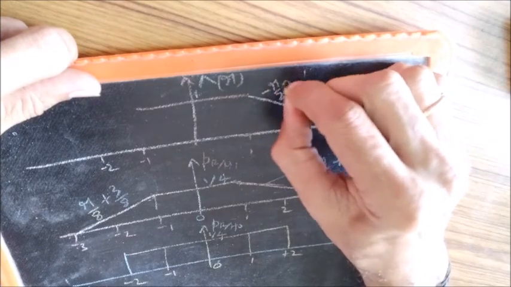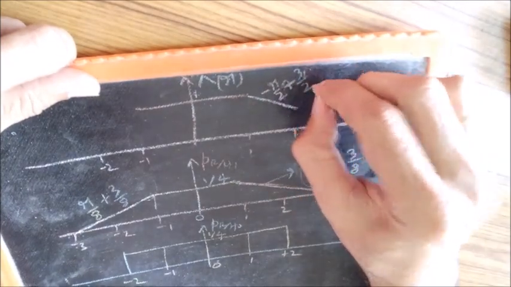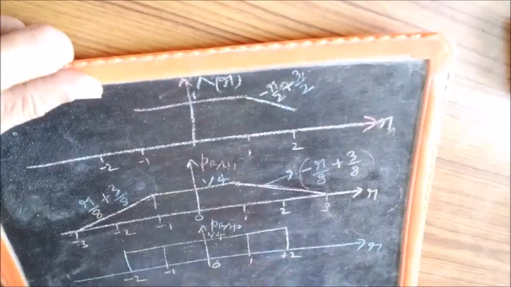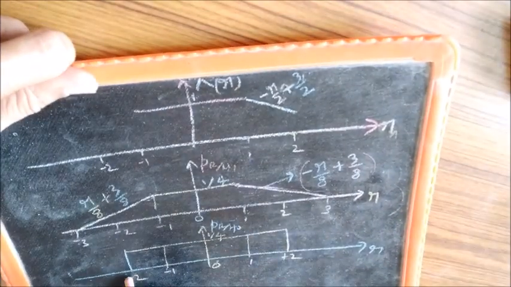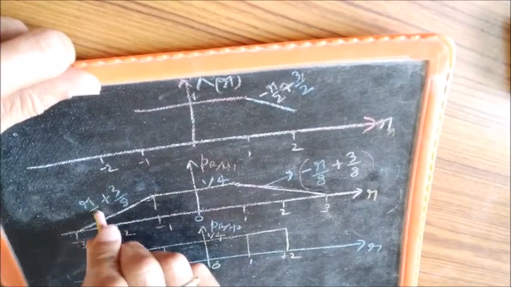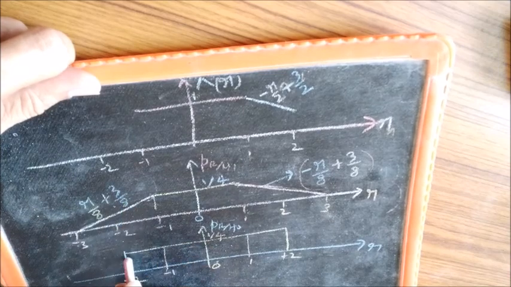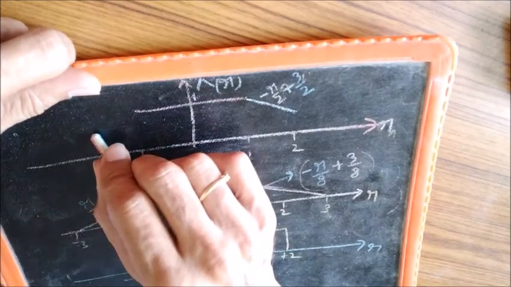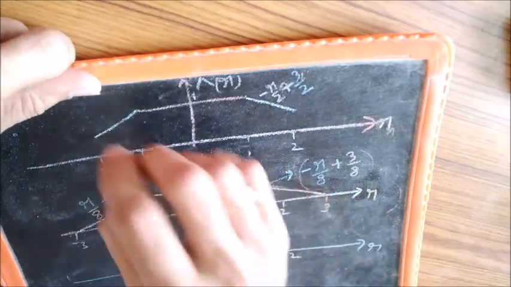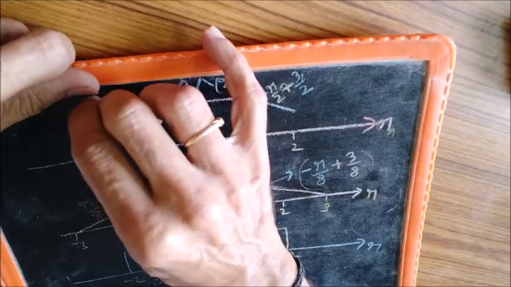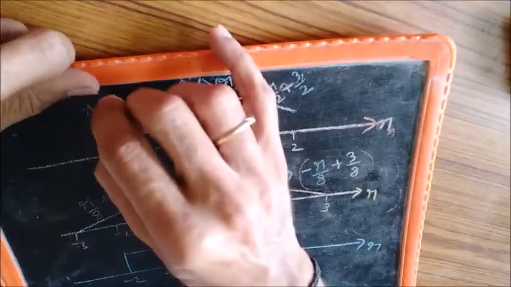And similarly, from minus 1 to minus 2, it is r by 8 plus 3 by 8 divided by 1 by 4. So you get a straight line with a positive slope.